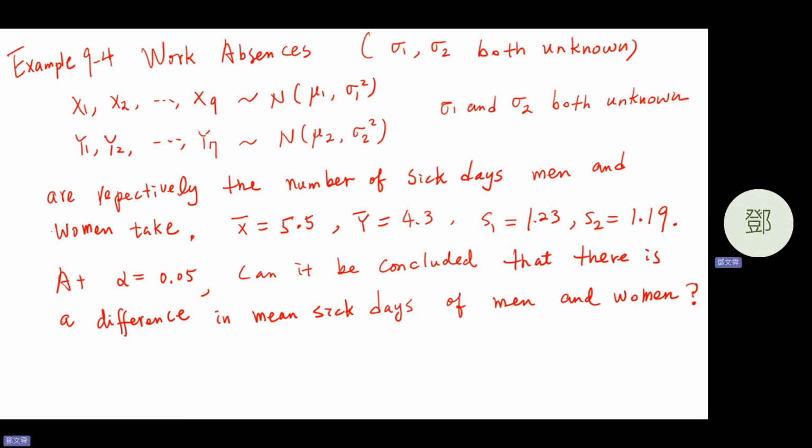The mean of the first sample is 5.5 and the mean of the second sample is 4.3, calculated from the samples because sigma 1 and sigma 2 are both unknown. With alpha equal to 0.05, can it be concluded that there is a difference in the mean sick days of men and women?